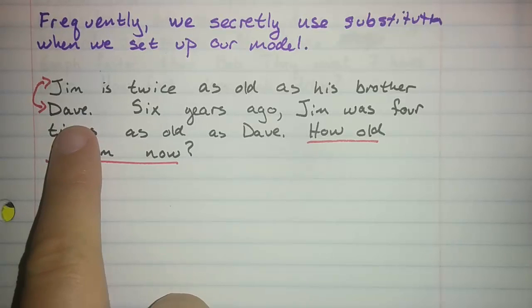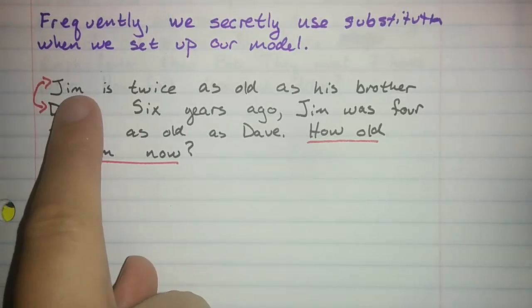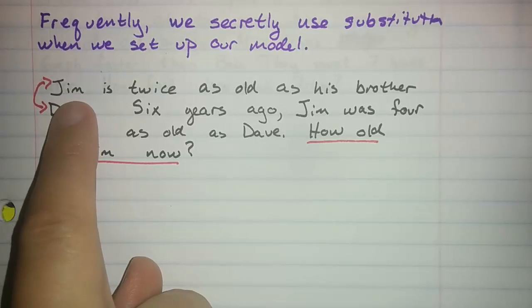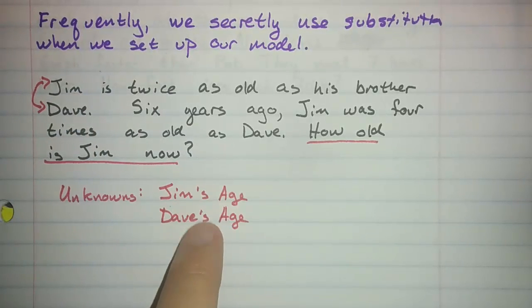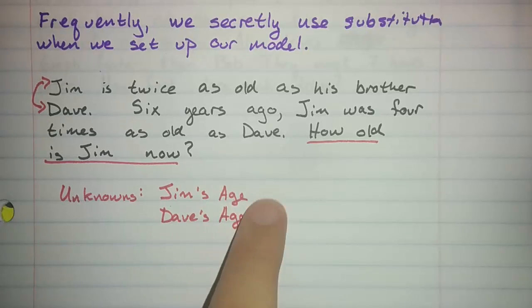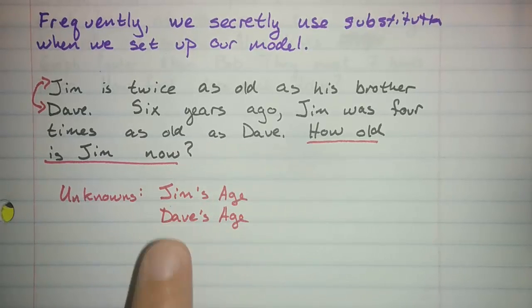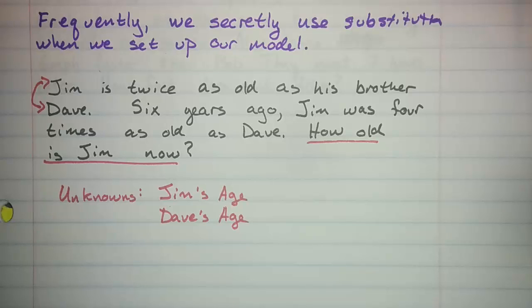So it's pretty clear that we're going to have to also figure out Dave's age, or get close in the process of figuring out Jim's age. So the fact that I have two unknowns really suggests that a system is going to be in order.